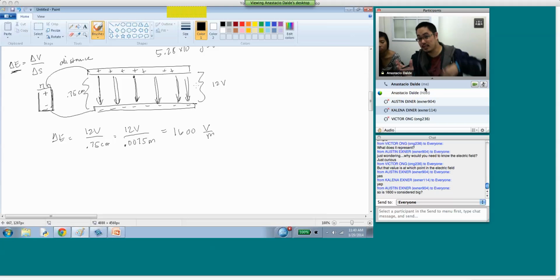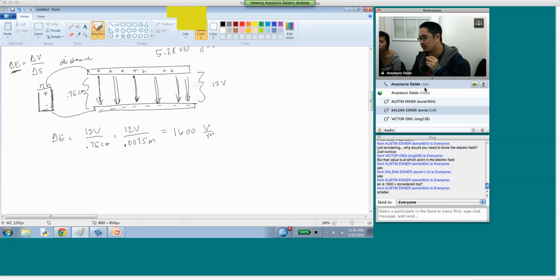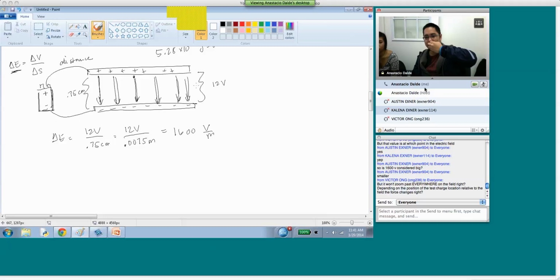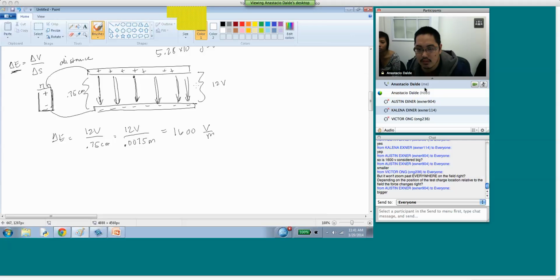Now, if I move these plates closer to each other, what do you think would happen to the electric field? All right. If I move these plates further away from each other, what would happen to the electric field? It would get bigger.